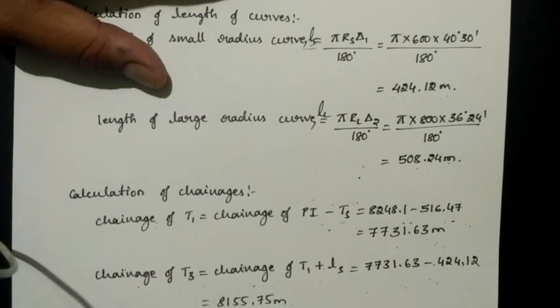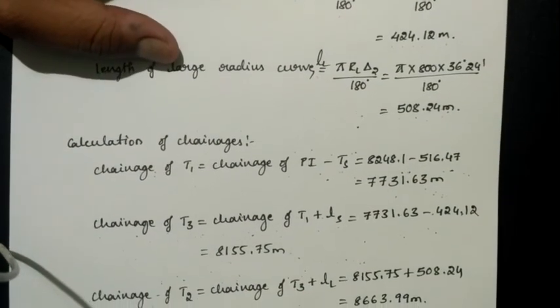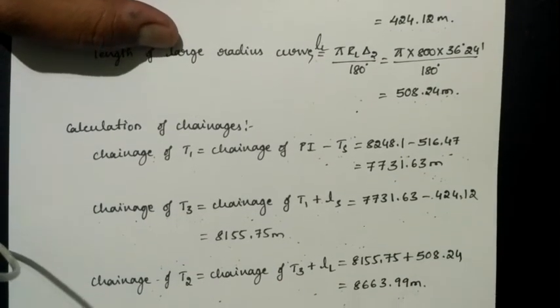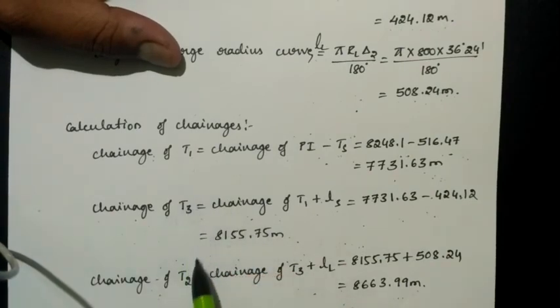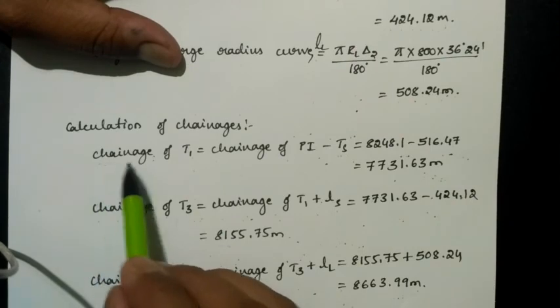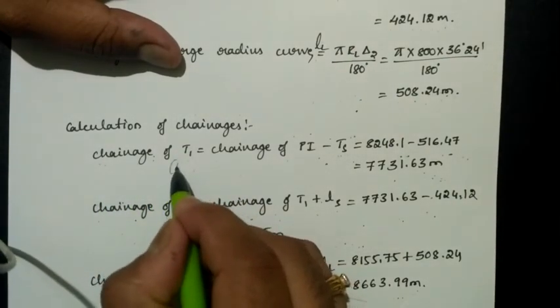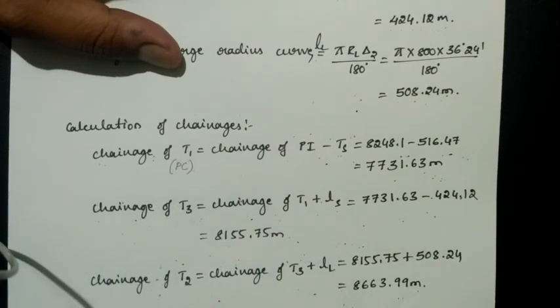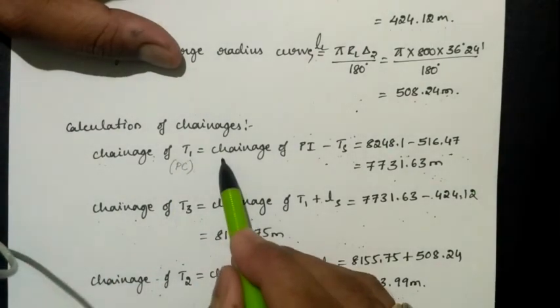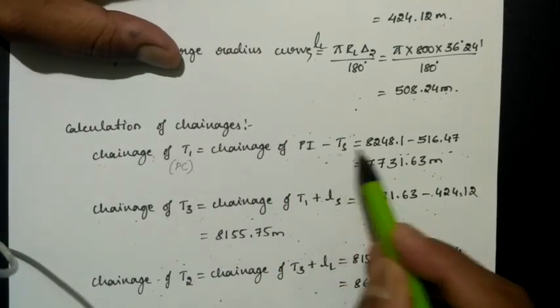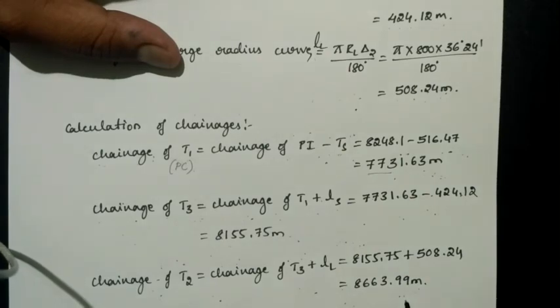Next, to calculate the chainage of point of tangents and chainage of point of compound curvature. So first one is chainage of point T1. That T1 is nothing but a tangent point which is called as PC. For that, chainage of PI minus capital TS, it comes around 7731.63 meters.